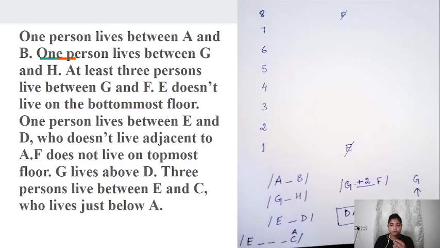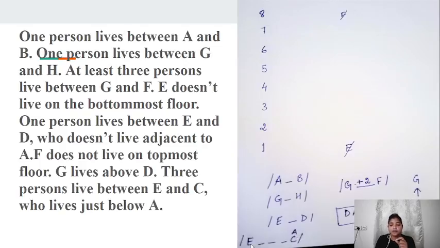To specify that, I have written the arrow in between G and D. 3 persons live between E and C, E and C, 3, and C lives just below A. So I have written C, and I have just written A above it. So what does it mean?